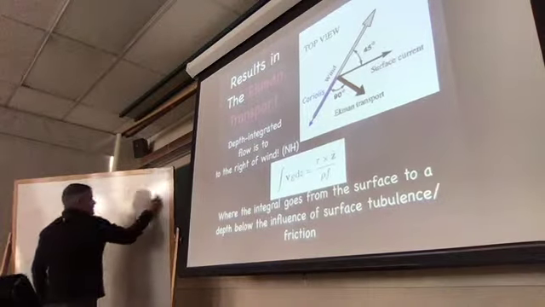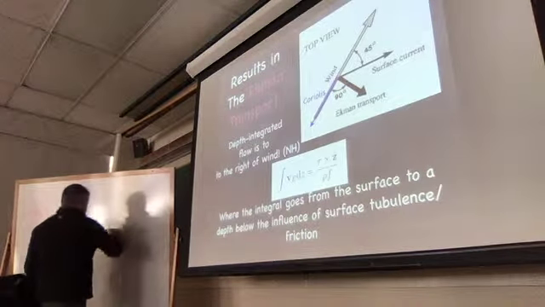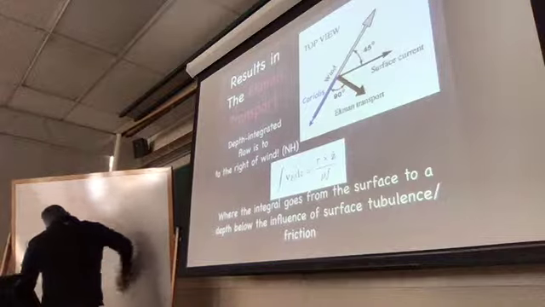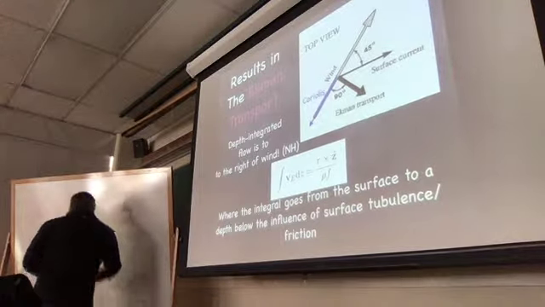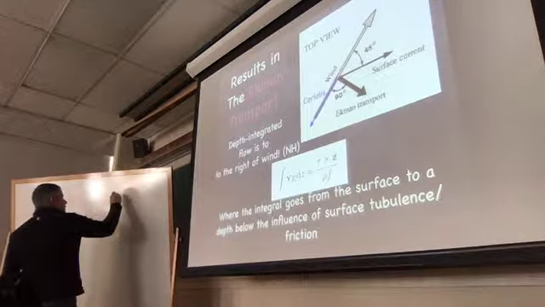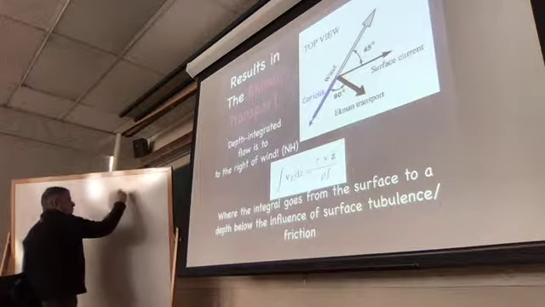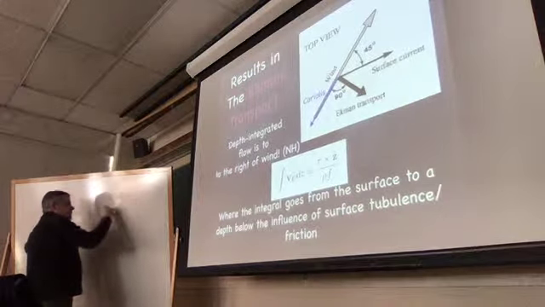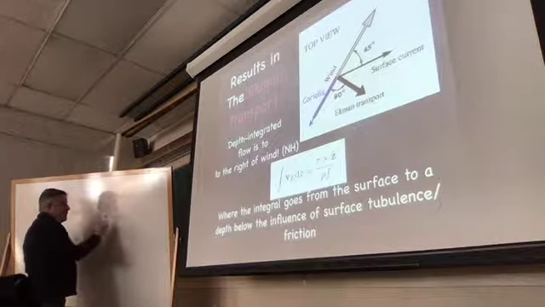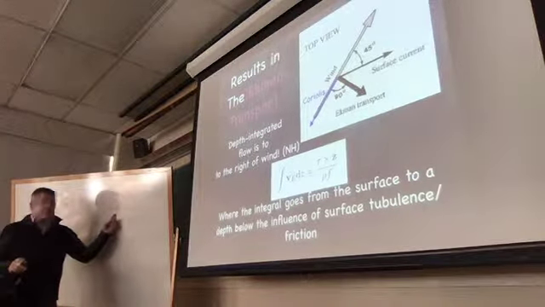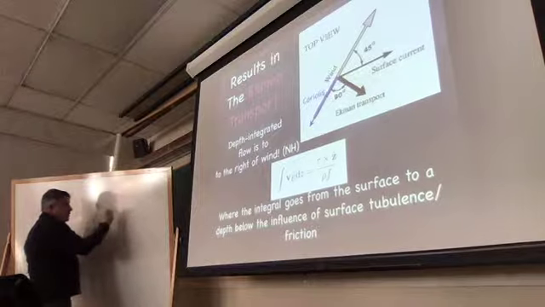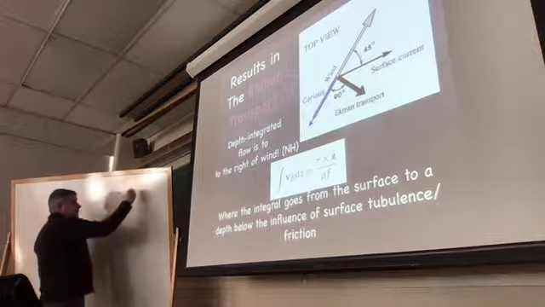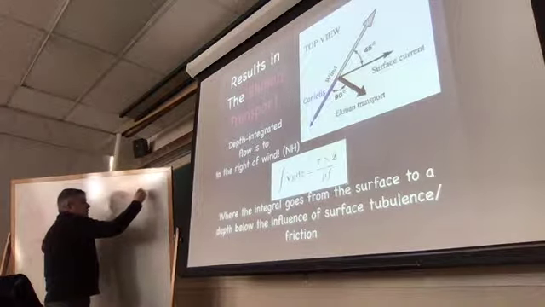So what do I mean by Ekman transport? I mean that if we have the Ekman flow, which is a function of z, and we integrate from the surface down to the bottom of the Ekman layer, whatever that is, or you can go below. We can go to the bottom of the Ekman layer, or we can go to minus infinity, whatever we want.